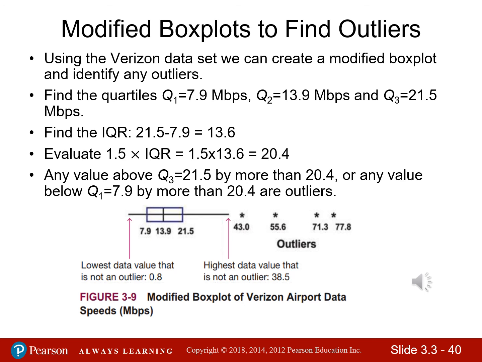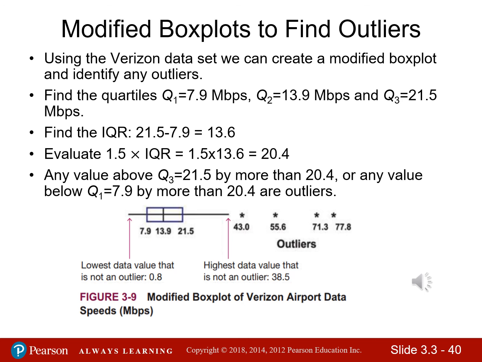Also, any value that is more than 20.4 megabits per second below the first quartile would also be considered an outlier. As you can see, the smallest value in our data set is 7.9, and so there are no outliers below the 7.9.